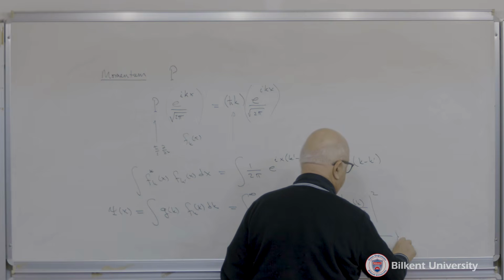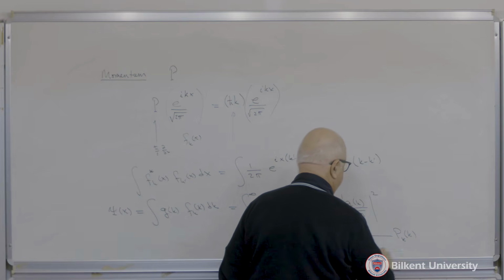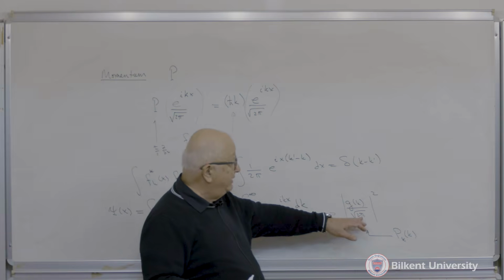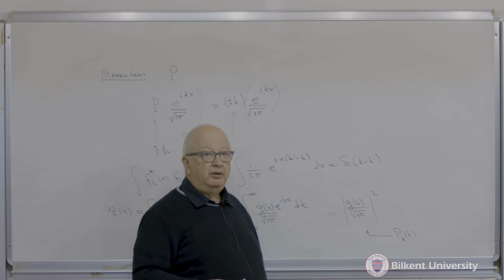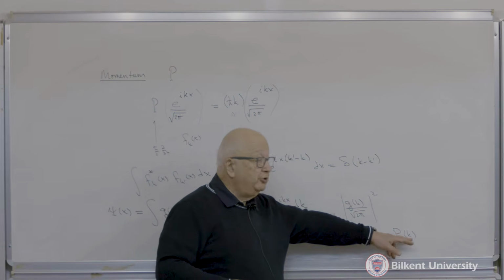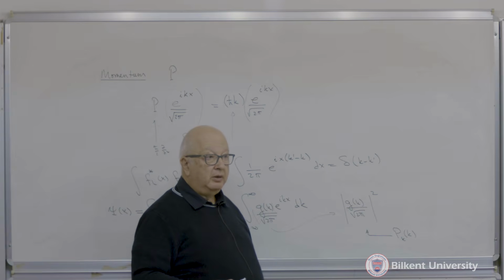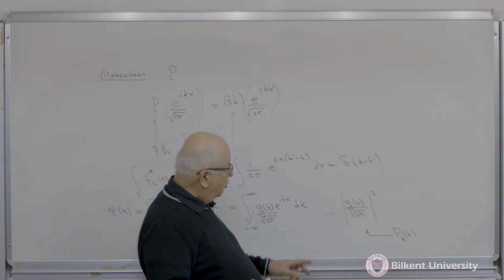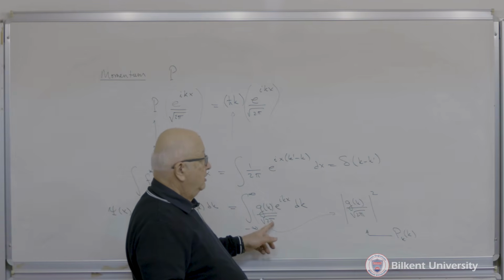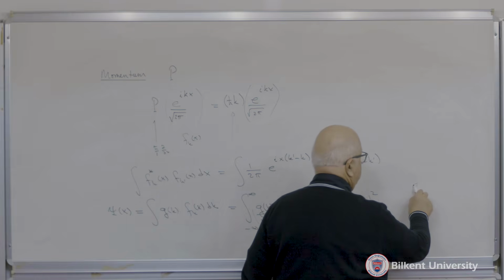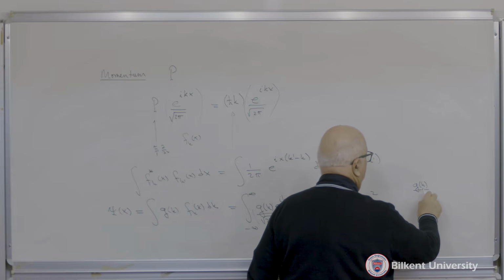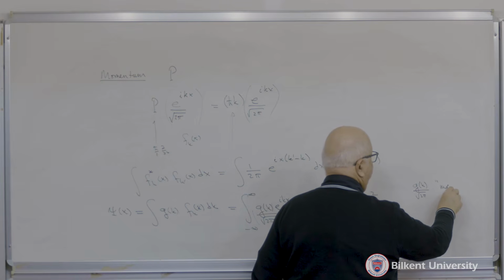If you like, this is probability with respect to the k variable. So this is the probability density with respect to the momentum variable. So g of k over root 2 pi, we call it the momentum wave function.